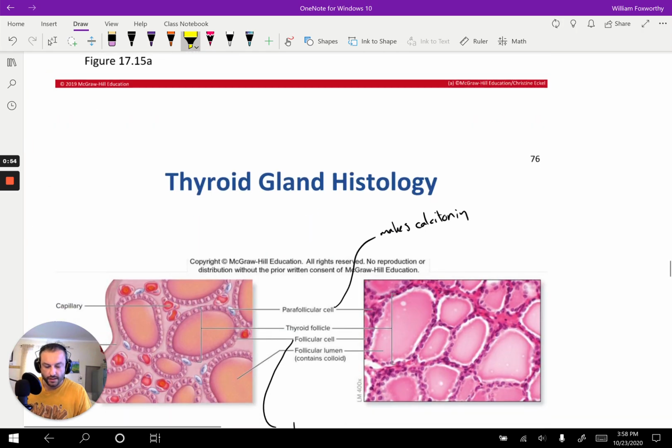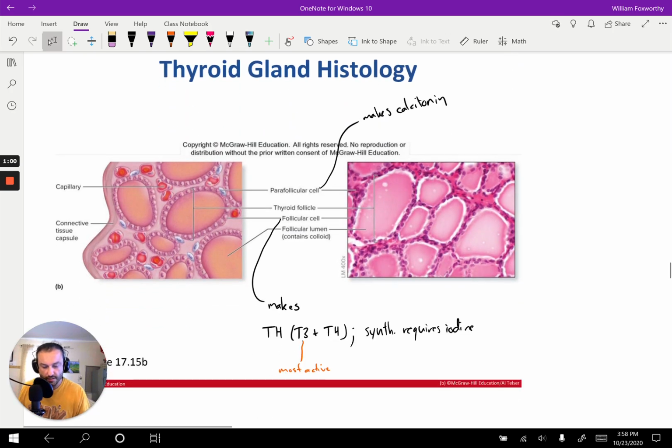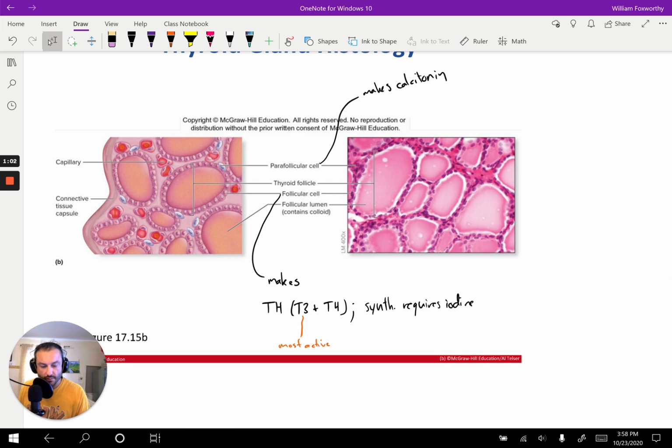If you were to section the thyroid gland and look at the histology under the microscope, you'll see that it has a few different cell types. You have these spaces or lumens, and surrounding the lumen you have cells called follicular cells.